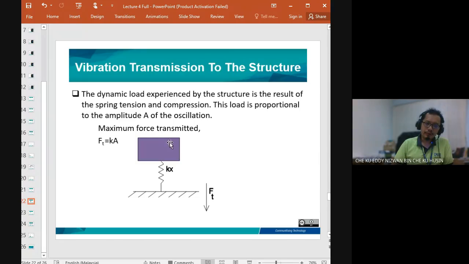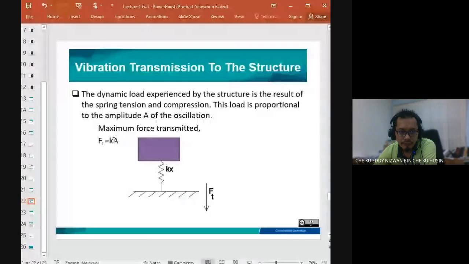For example, this mass is linked to the other structure with stiffness elements, so the higher the displacement of this mass, the higher the force transmitted at this point. So this is the vibration force at the end of the spring. That's the concept. So if you want to reduce the vibration, you have to reduce the A, the A value here.